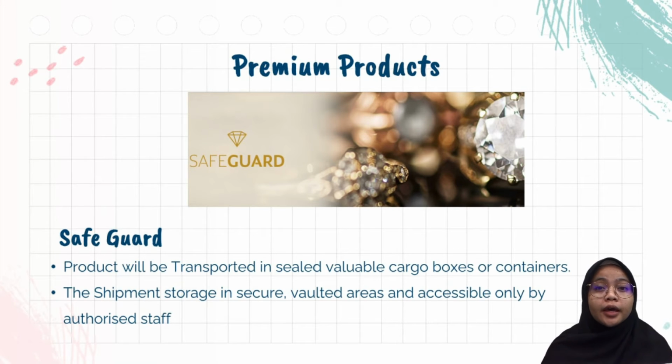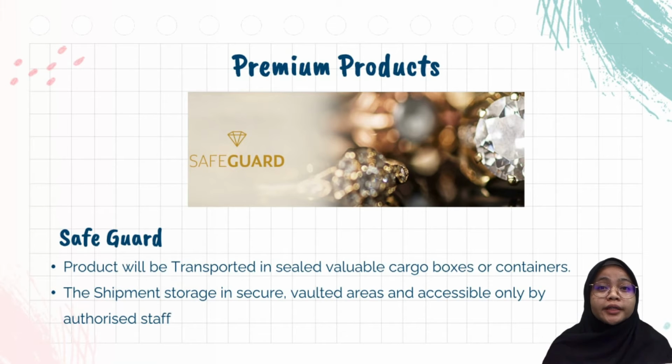Etihad Airways is providing and transporting cargo named Safeguard. Safeguard is valuable cargo that will be transported with the highest degree of care and safety. They will make sure this cargo will be shipped in good condition with extra care, for example, diamond and gold.